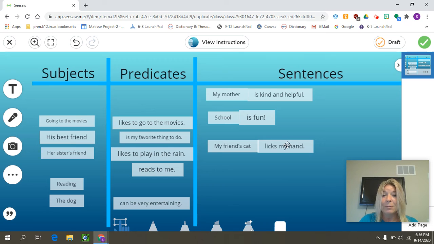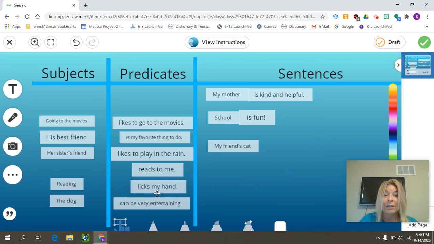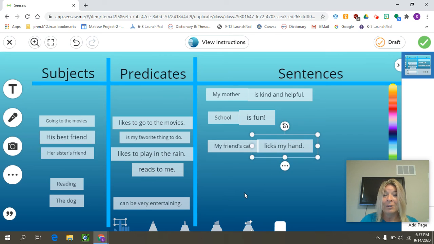We could take away this predicate and I could ask you to think of another predicate you could add that would make sense. When you hear my friend's cat, what else could we add to this sentence to make it complete? My friend's cat has black fur. My friend's cat likes to run after a ball.